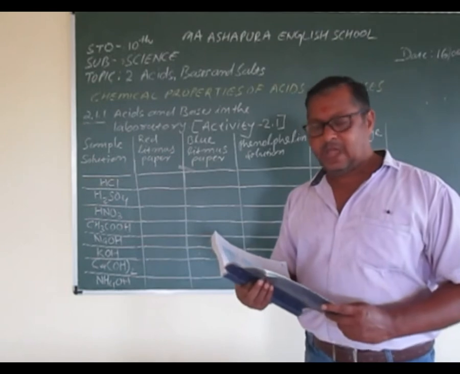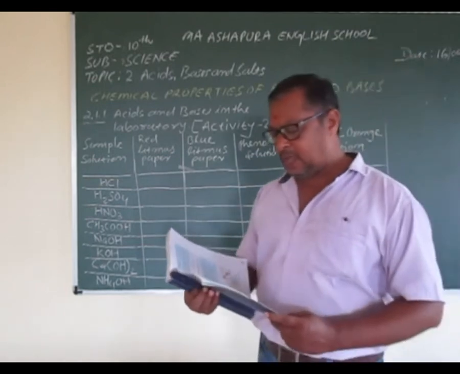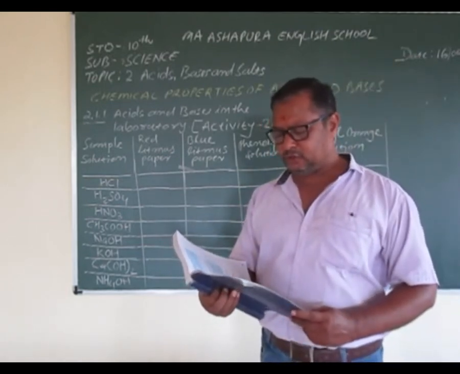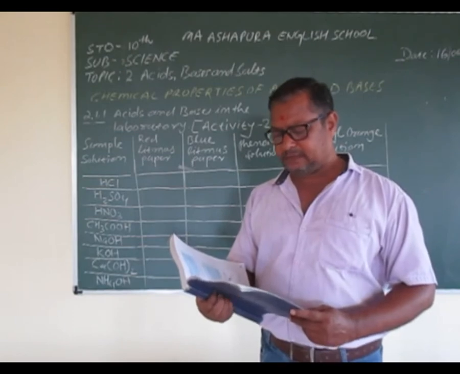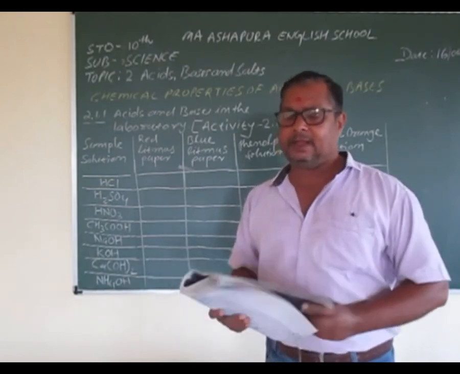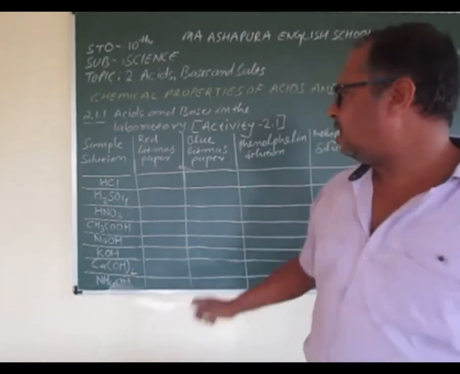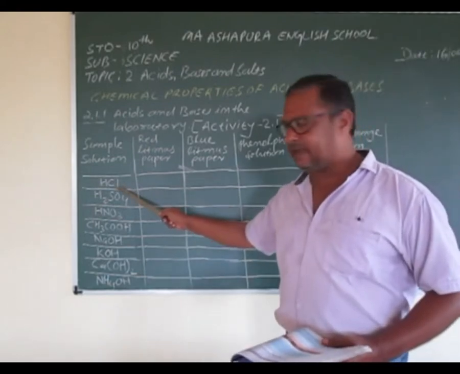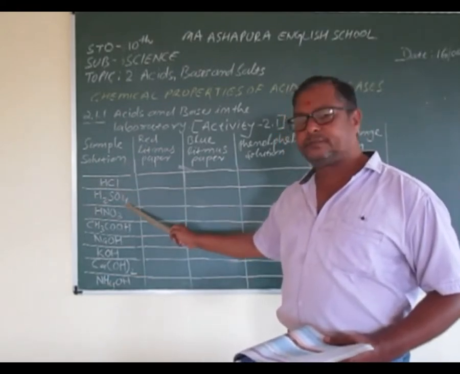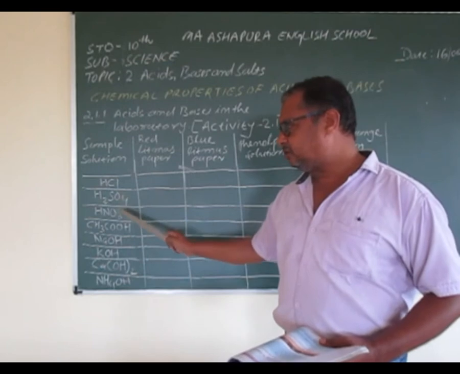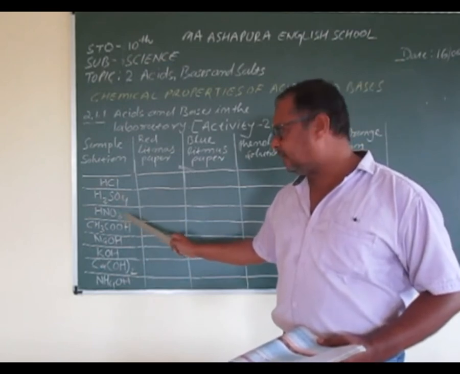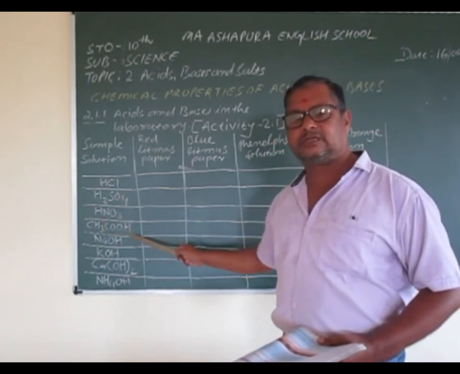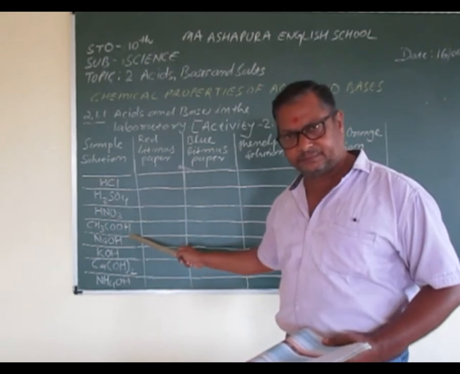First one, Activity number 2.1. Collect the following solutions from the science laboratory: hydrochloric acid, HCl, H2SO4, sulfuric acid, HNO3, nitric acid, CH3COOH, which is called acetic acid.